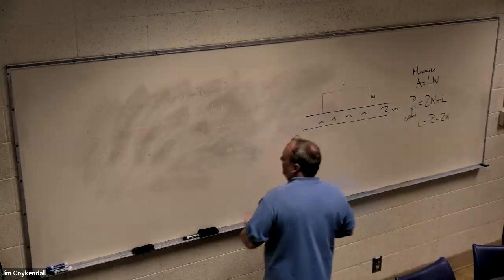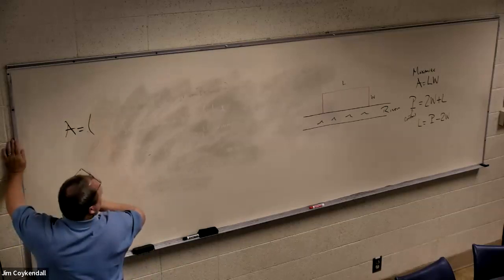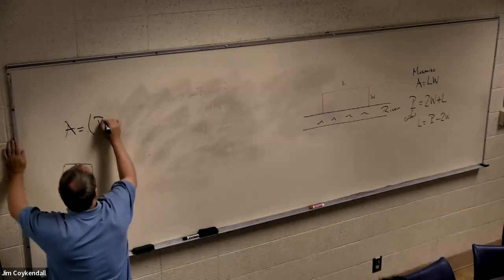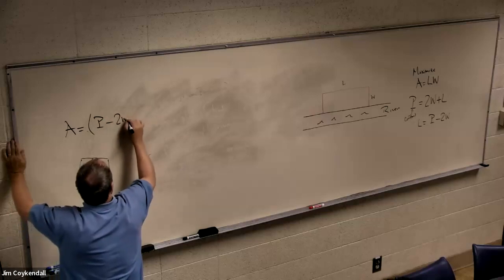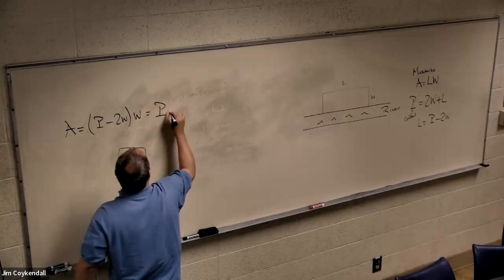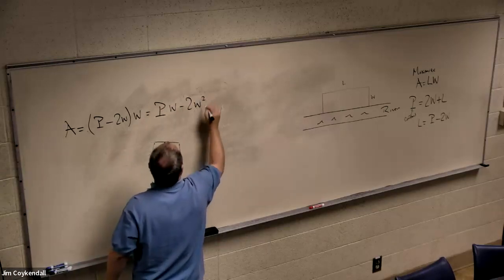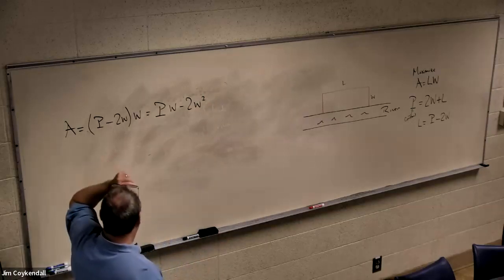And then I can shove that back into the equation for A. L is P minus 2W, times W, which if you like is PW minus 2W squared.